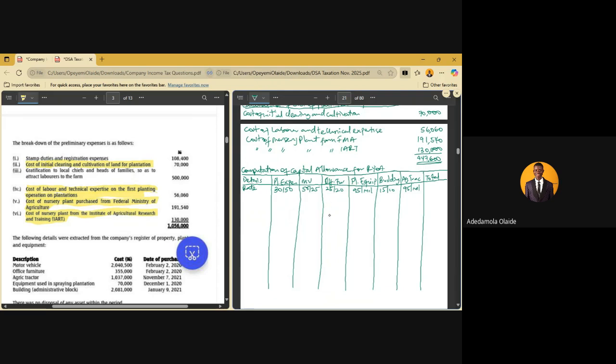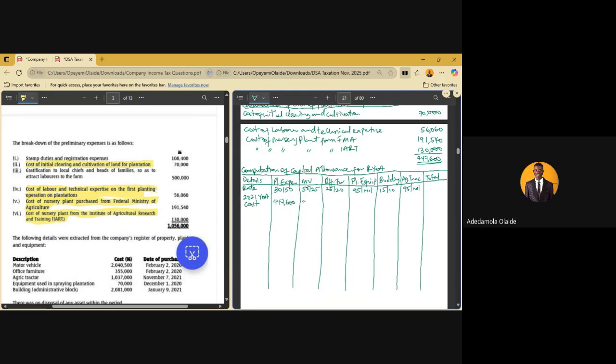So with this, we can now proceed to 2021 year of assessment. Initial allowance, the cost of the asset. Plantation expenditure 447,600.